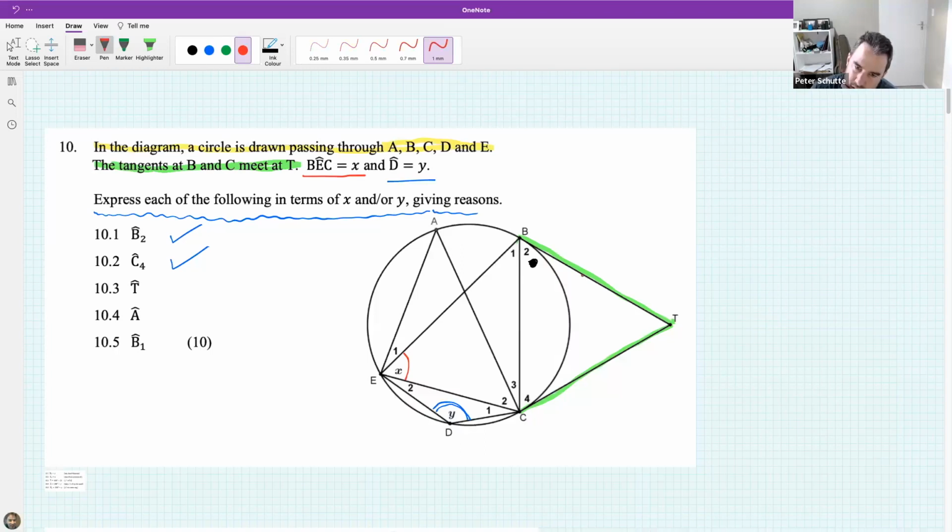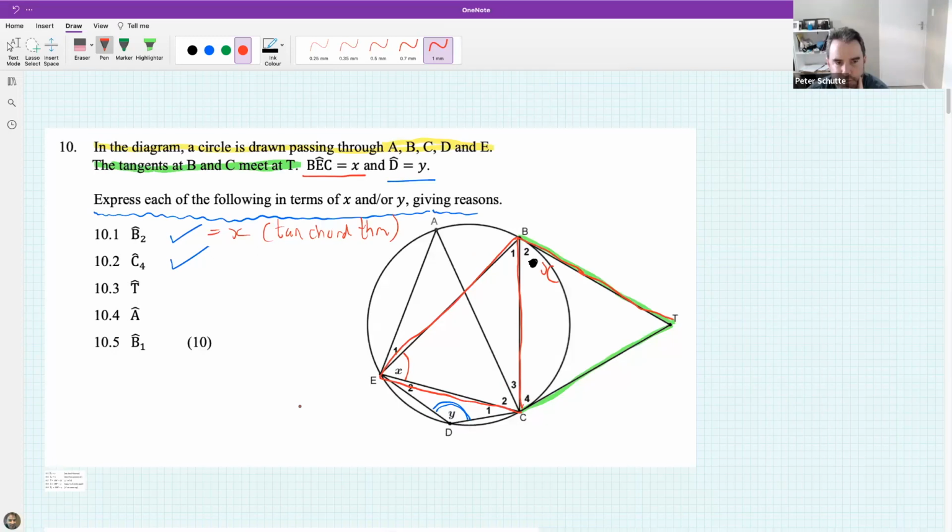So if Fatejo is saying there's a tangent and a chord, oh yes, therefore this angle over here is x. So we'll just say tan chord theorem.